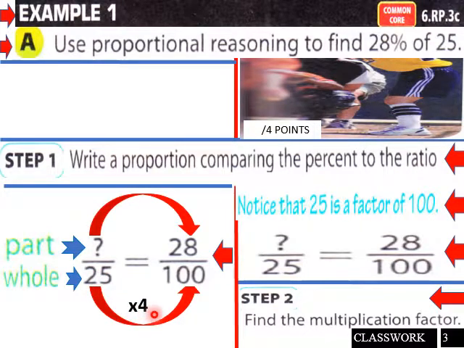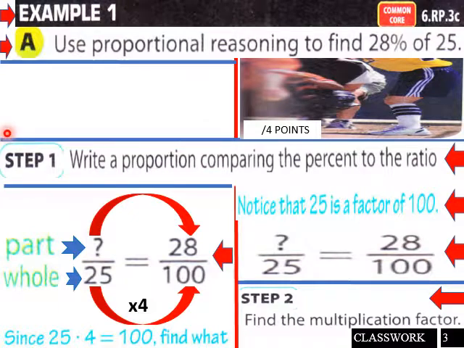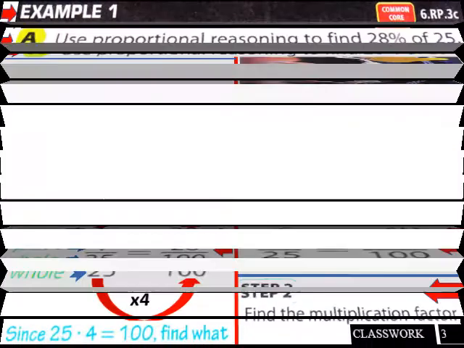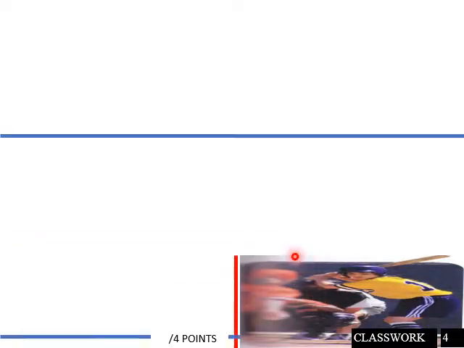So 4 times 25 equals 100. So for 25 times 4 will equal 100, we have to multiply something that will give us 28. So 4 times this amount here will give us 28. So some number times 4 equals 28. What number times 4 equals 28 is the question.